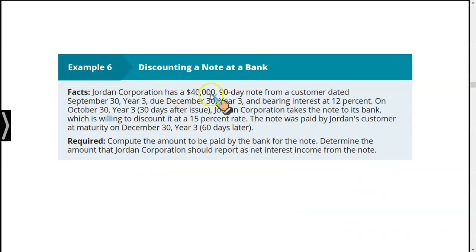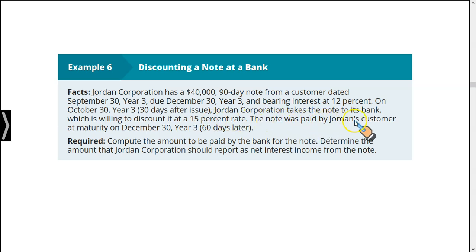Jordan Corporation has a $40,000 90-day note from a customer dated September 30th, year 3, due December 30th, year 3, after 90 days, and bearing interest at 12%. So what happens after a month? On October 30th, year 3, 30 days after issue, and of course 60 days before maturity, Jordan Corporation takes the note to its bank, which is willing to discount it at 15%.